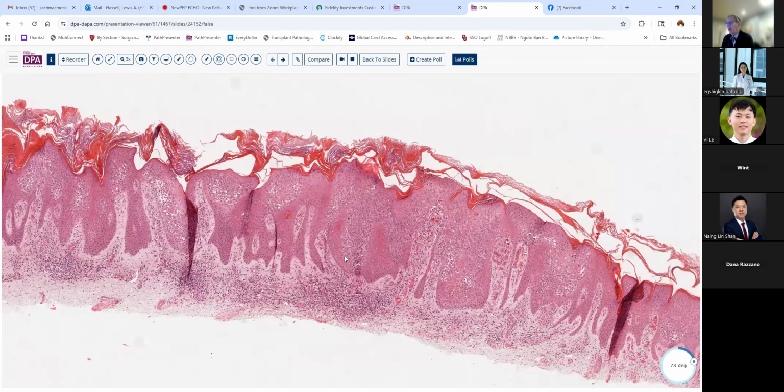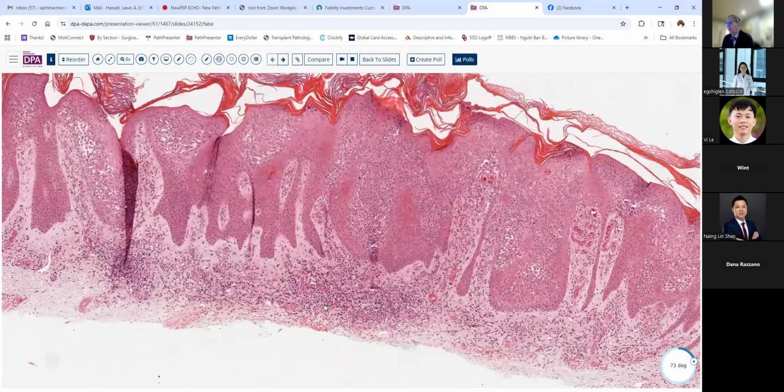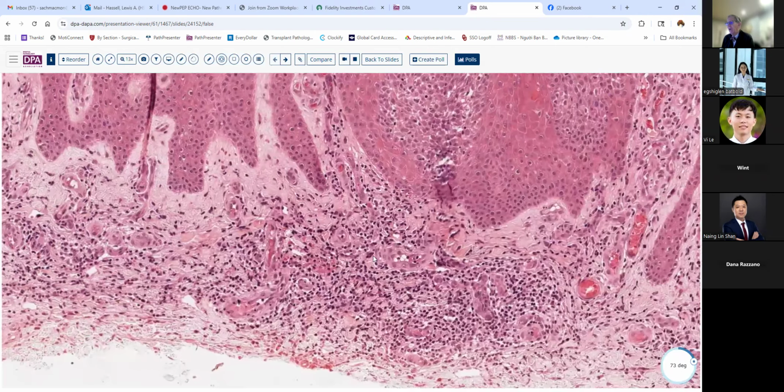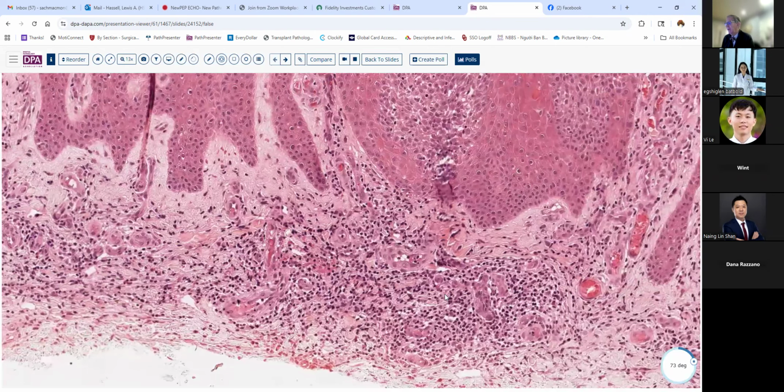The inflammation here is a mark of the irritation and the clonal growth. It's not a marker of malignancy or of there being other inflammatory dermatoses going on.